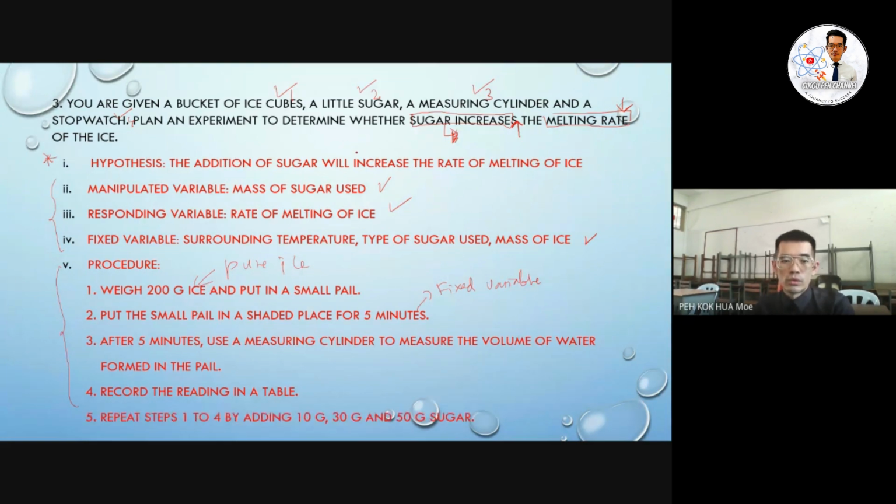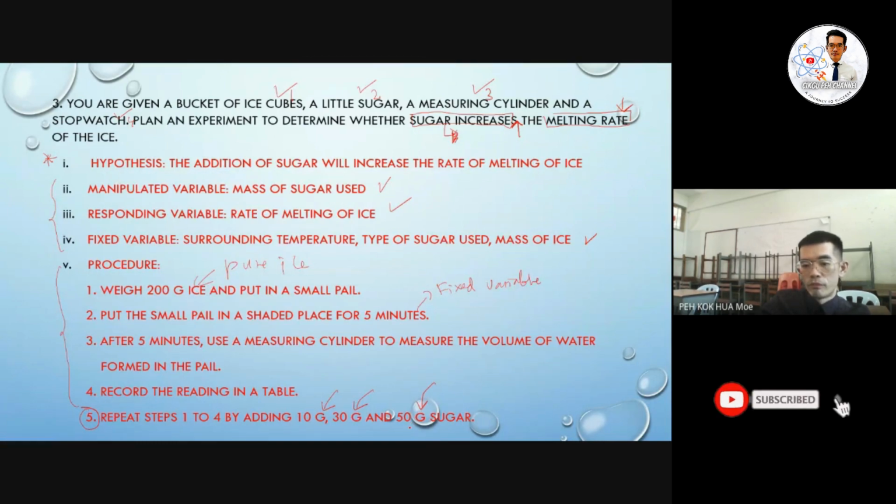Step number 5 will be repeating the experiment with addition of 10 grams of sugar, 30 grams of sugar and 50 grams of sugar. As my expectation, the volume of water melted for the 50 grams of sugar will be lower, as I explained for my expected result.